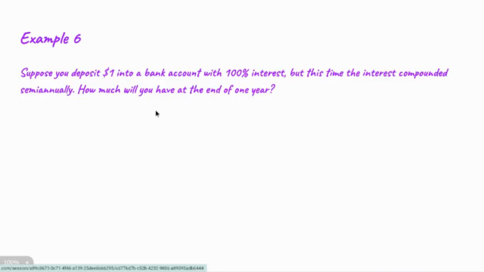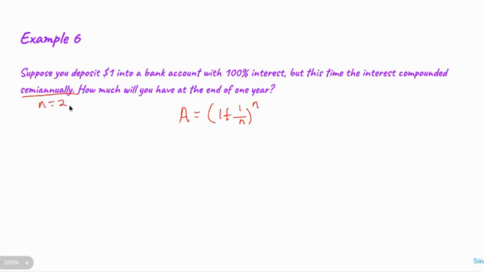So let's go ahead and try the next one. This time, the interest is compounded semi-annually. So if we remember our formula, 1 plus 1 divided by n to the power of n, n will equal 2. So let's set up our formula. 1 plus 1 divided by 2 to the power of 2.